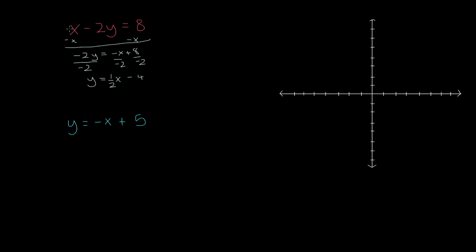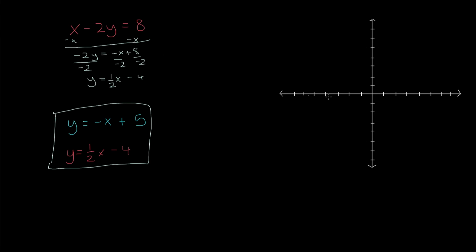So our first equation in slope-intercept form is y equals half x minus 4. These two are the ones we are going to graph. So let's do that first.